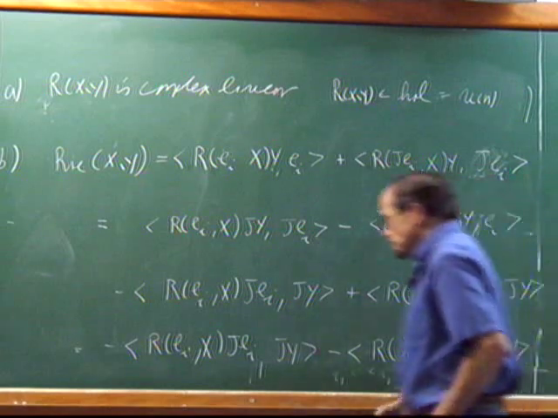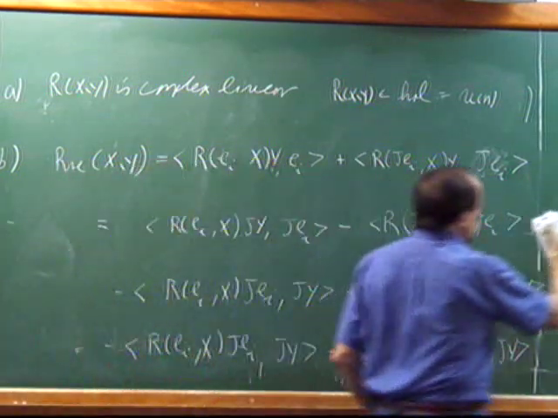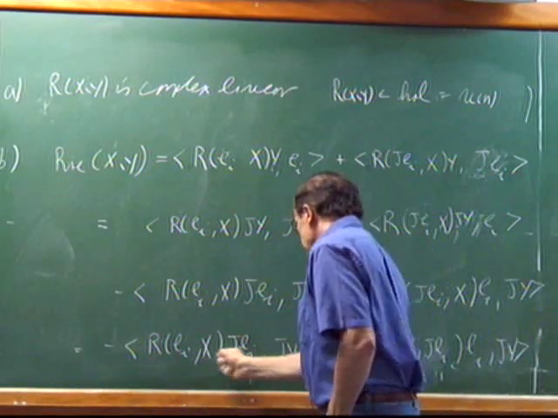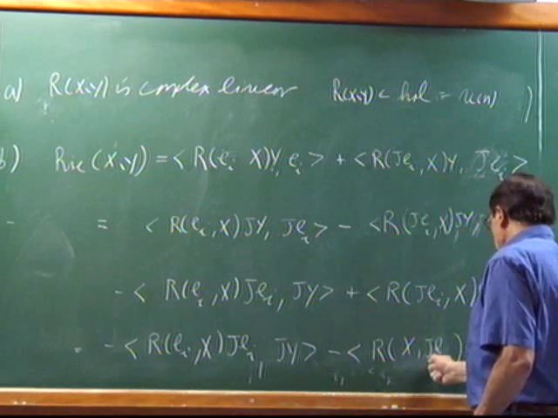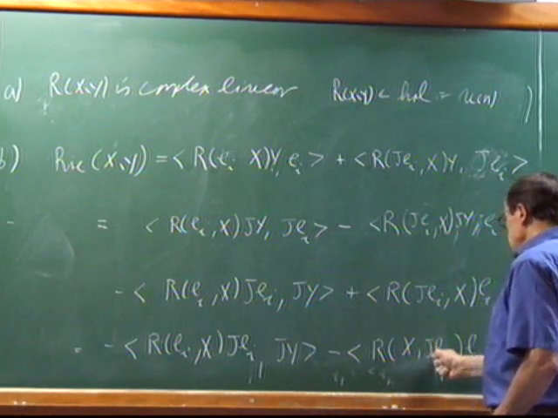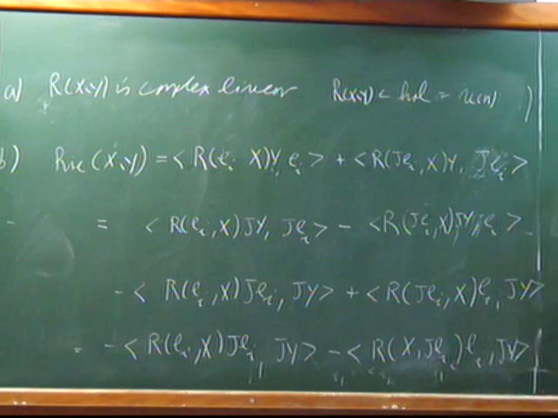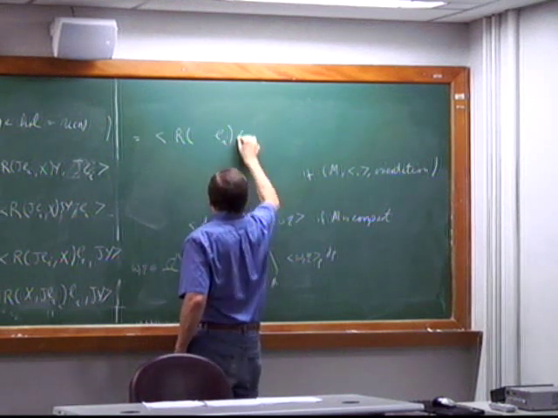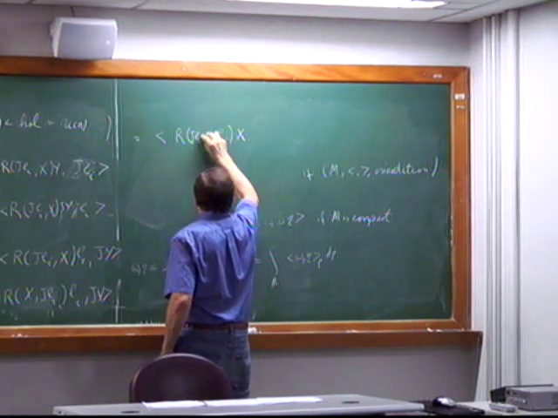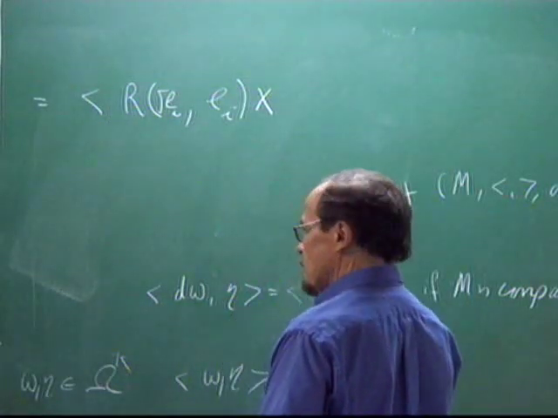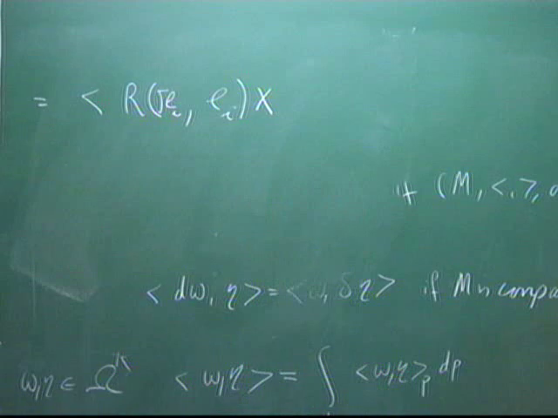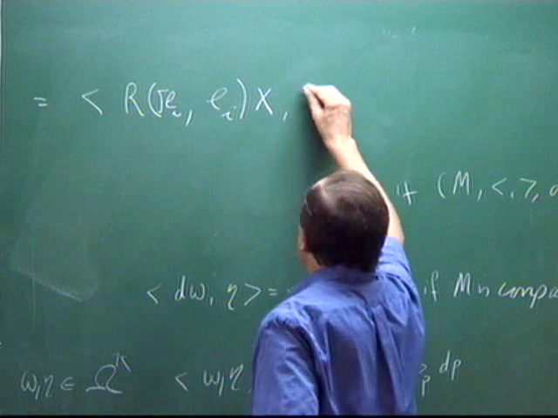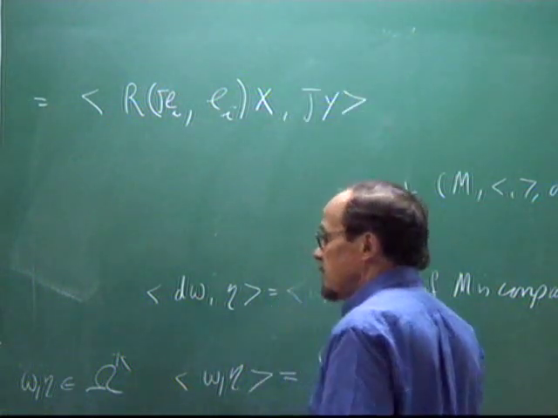So now use Jacobi on the first three arguments. Now I think they're in the right order. e_i, X, Je_i. So I have to put e_i right here. That's how I remember it. With a minus sign, is that right? And then comma JY. So that's the Bianchi identity.